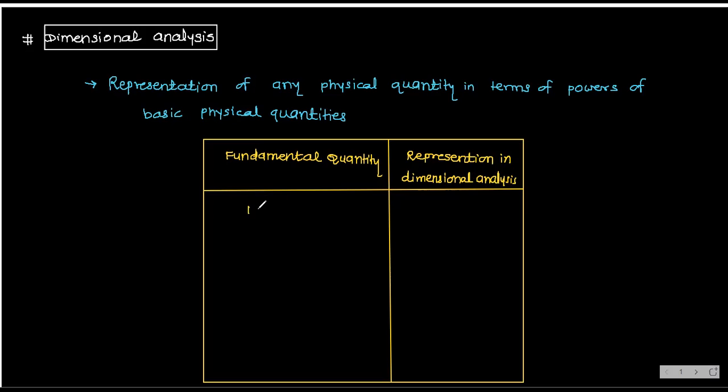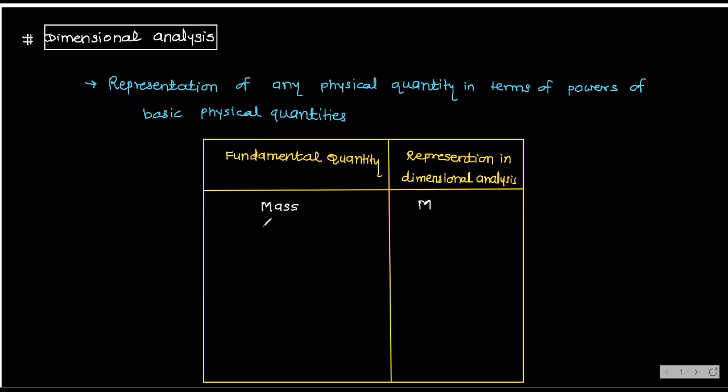The first one is mass. It is represented by capital M in dimensional analysis.